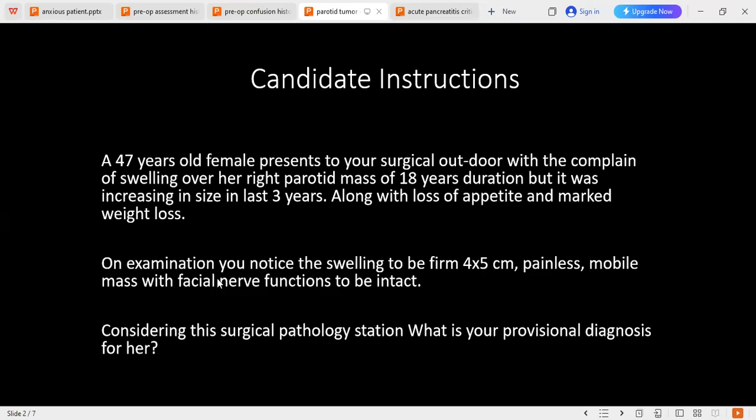Even when you're doing fine needle aspiration, how would you realize that this is a malignant tumor?